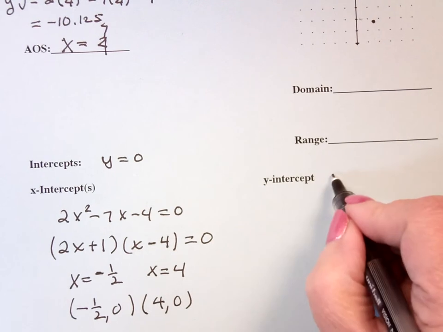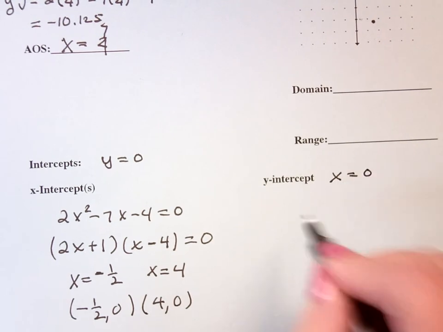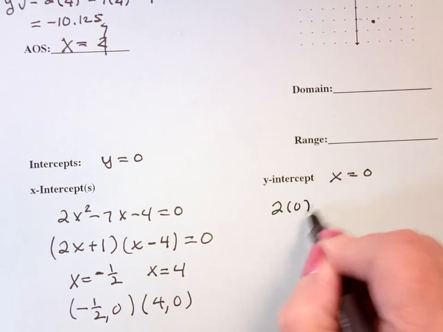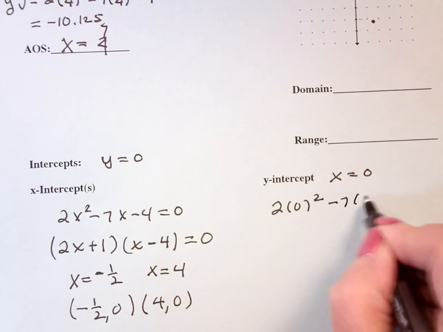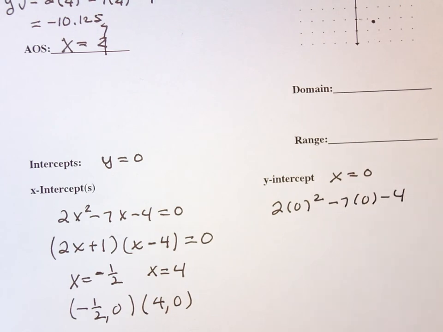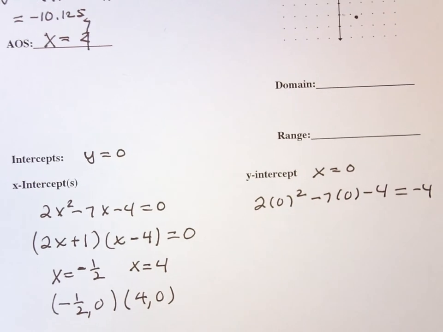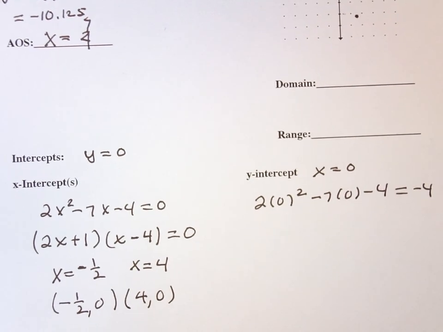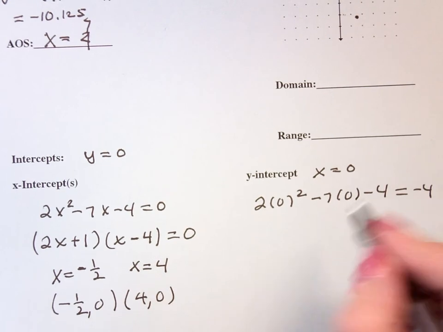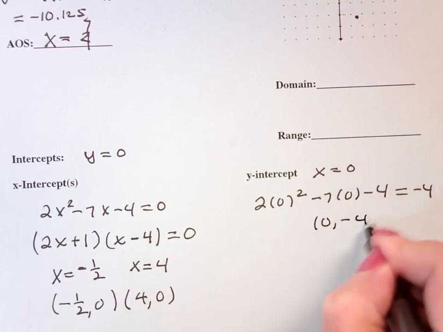Now y-intercept is where x equals 0. So it's 2 times 0 squared minus 7 times 0 minus 4, which is just minus 4. It's just the constant. That's why I like the y-intercept so much. It kills all the x's, and the only thing left standing are numbers. So it's 0, minus 4.